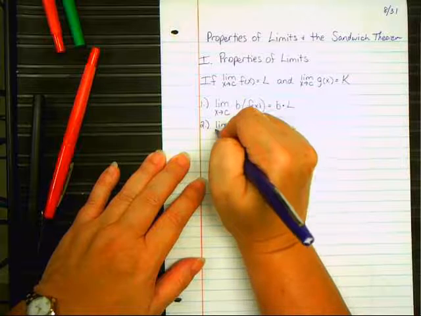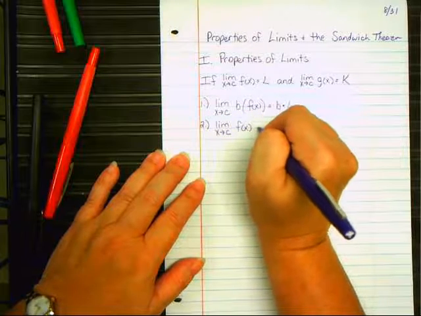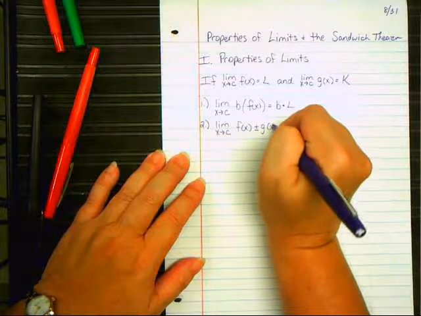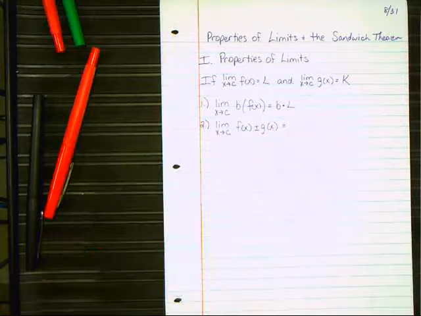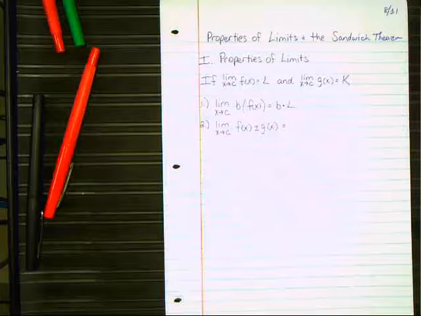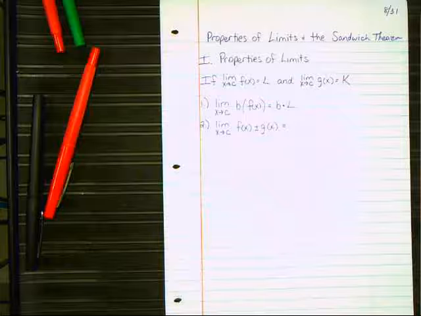So the limit as x approaches c of f of x plus or minus g of x equals. Okay. Plus or minus. Anytime plus or minus is in some sort of a property, it's because it works for both adding and subtracting, and instead of writing 2 different properties, they just crush it into one. Okay?